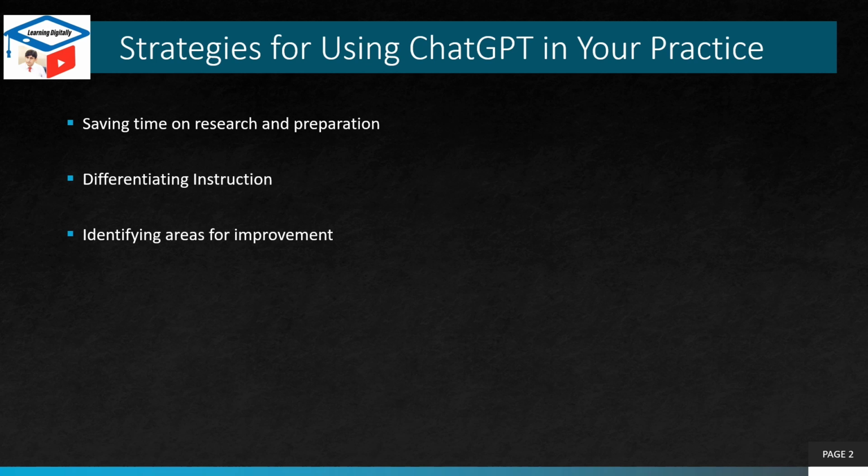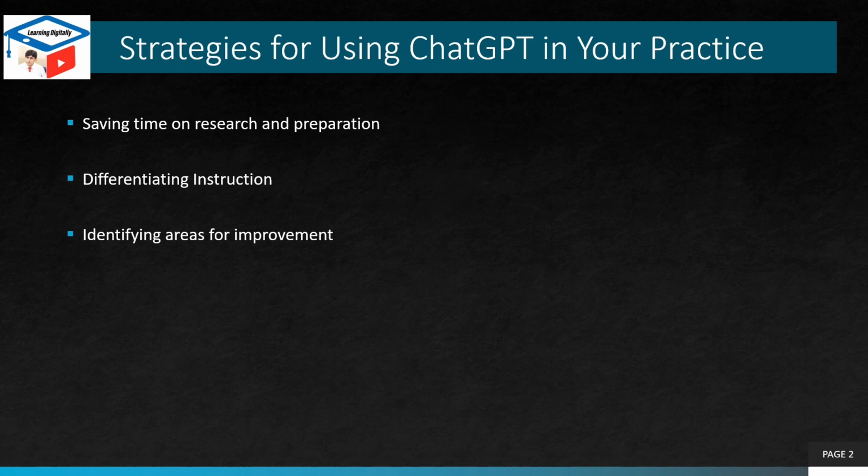Number two, differentiating instruction. AI can analyze student data, student interests, and learning objectives to provide personalized recommendations for lesson planning and curriculum development. This can help you create more effective and engaging learning experiences that meet the needs of individual students.